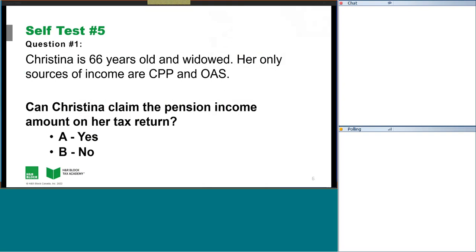Christina is 66 and widowed. Her only sources of income are CPP and OAS. Can she claim the pension income amount on her tax return? Do those count as the pension income amount? We're going to do a quick poll here.